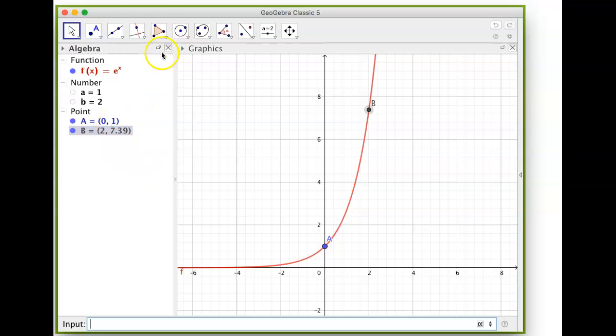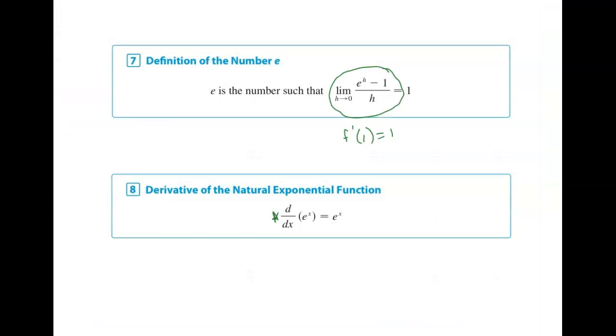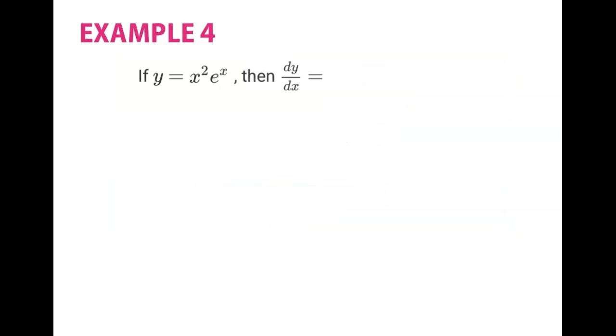All right, so let's do one more quick example with e to the x, and we'll save logarithms for next time. All right, so here's a good example that'll tie in the stuff we did last time. So we have y equals x squared times e to the x, and it says dy dx equals, so we're looking for the derivative.